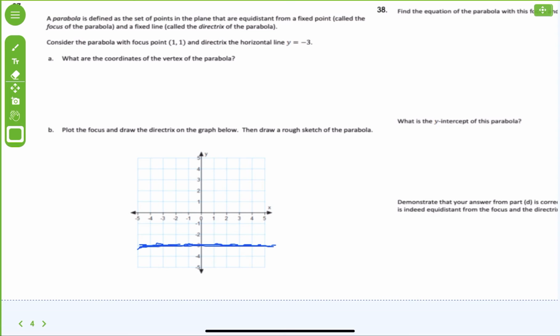I'm just going to make it a straight, solid line here at negative 3. And it told us that the focus was 1, 1. And we know that the vertex is halfway in between the focus and the directrix, which would put it at 1, -1. So here we would say the vertex is 1, -1. Simple enough. Right?